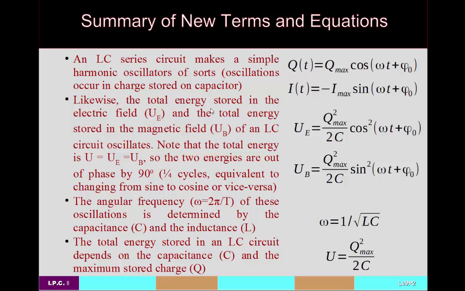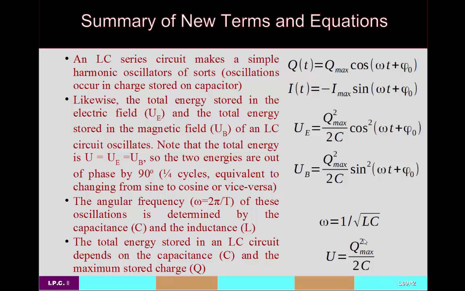Similarly, you can determine how much energy is stored in this LC circuit, given that the energy is stored between the electric field and the magnetic field. The total potential energy is the maximum amount of charge stored on the capacitor, squared, divided by 2 times the capacitance.